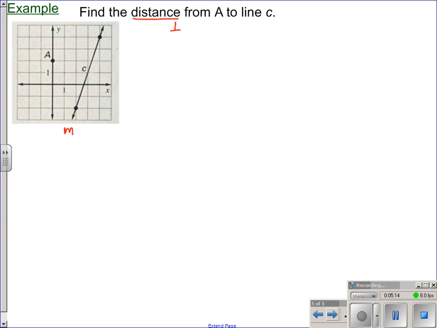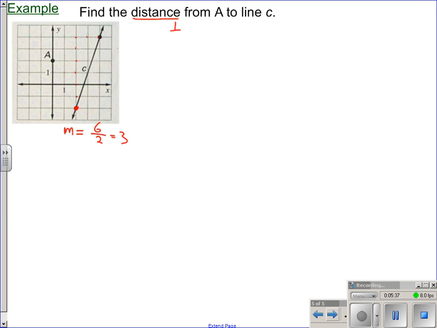To make sure we're going perpendicular, we need to start finding some slopes. We find the slope of line C. Going from this point up 1, 2, 3, 4, 5, 6, the rise is 6. The run is over 1, 2. We get a slope of 3.